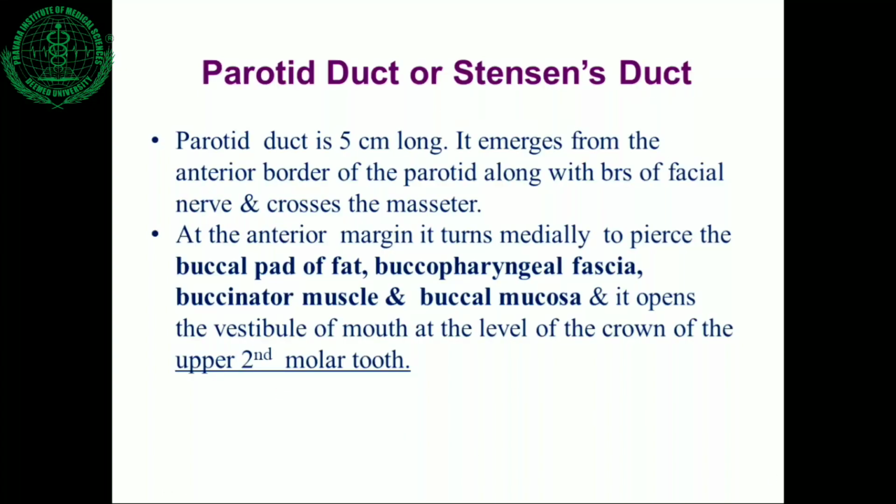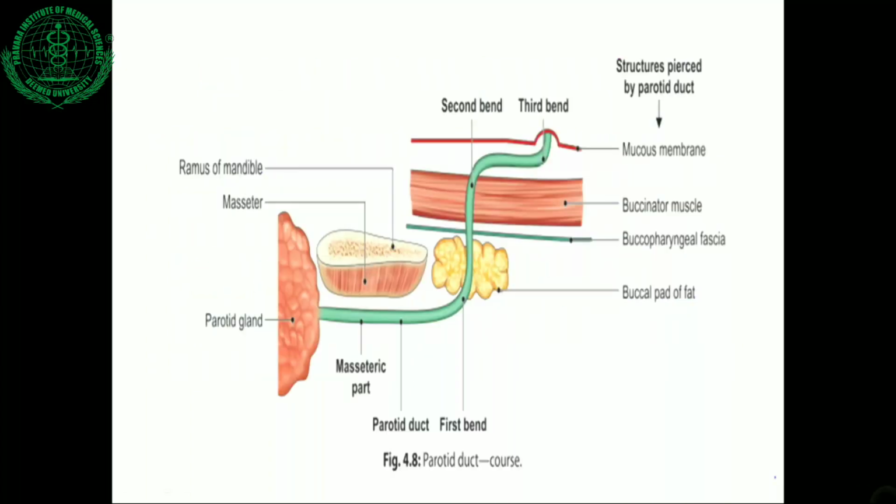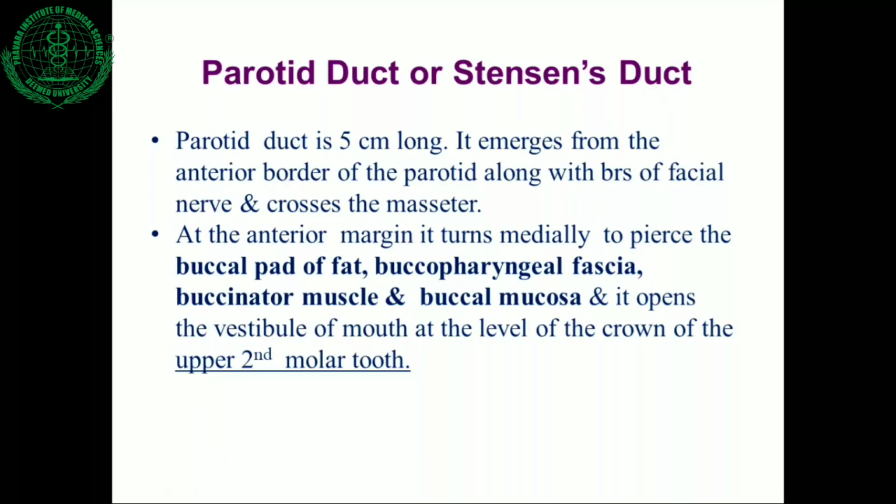The parotid duct crosses the masseter and finally pierces the buccinator muscle of the face. During its course, it emerges from the middle of the anterior border of the parotid gland, then pierces the buccal pad of fat, buccopharyngeal fascia, buccinator muscle and buccal mucosa of the oral cavity.